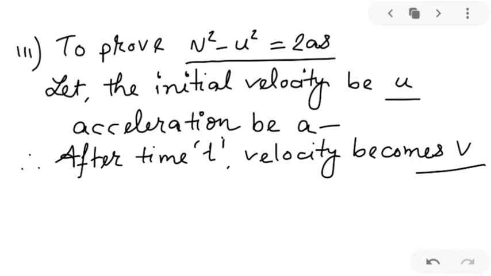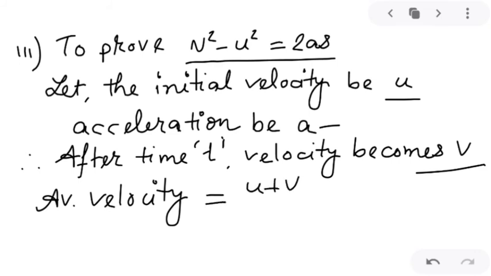Let us again use the concept of average velocity, which is (u plus v) by 2. From this average velocity we can find the distance again.